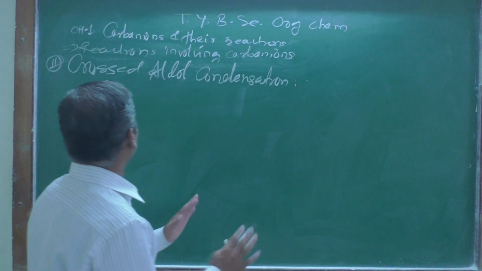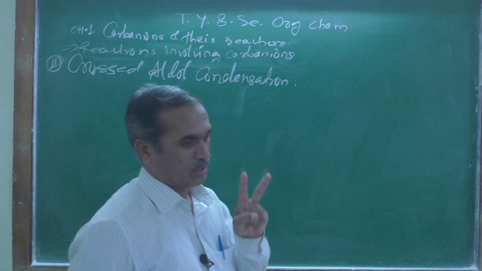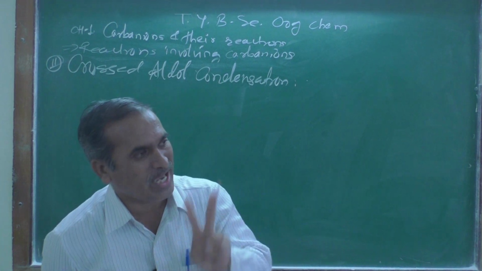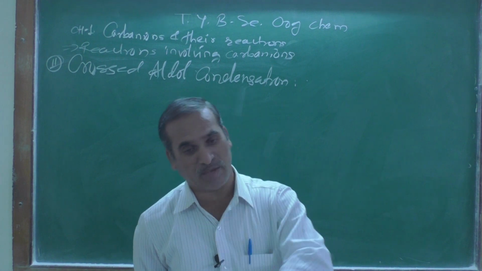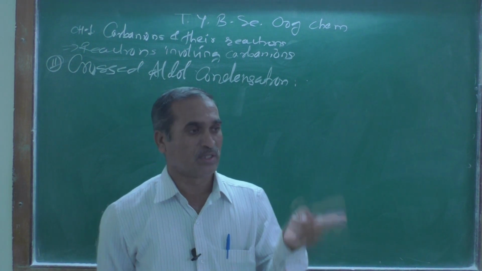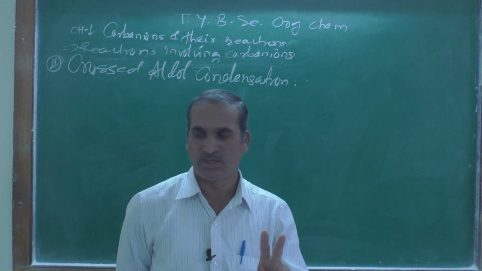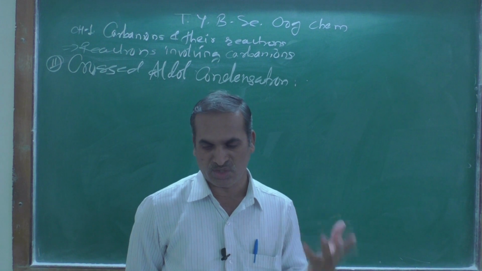So that type of thing is there. A simple aldol condensation reaction requires two molecules of the same kind, they may be an aldehyde or a ketone, but the same molecule undergoes the aldol condensation reaction, and that type of reaction is called a simple aldol condensation reaction.